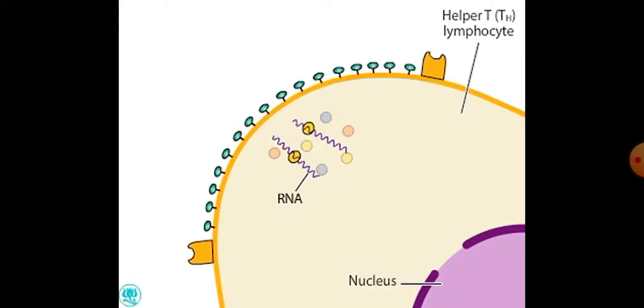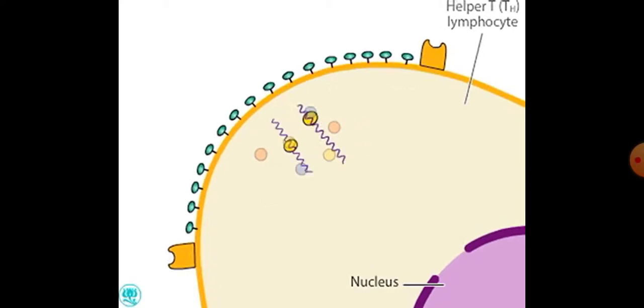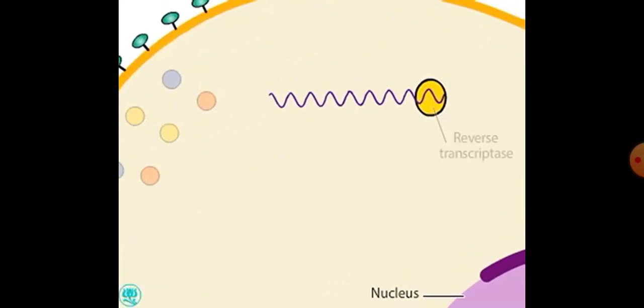In addition to RNA, the virus carries enzymes that participate in the first few stages of viral replication. Before the virus can commandeer the cell to make more viruses, viral enzymes must first convert the viral RNA into DNA. The viral enzyme reverse transcriptase copies the RNA into complementary DNA, or cDNA.